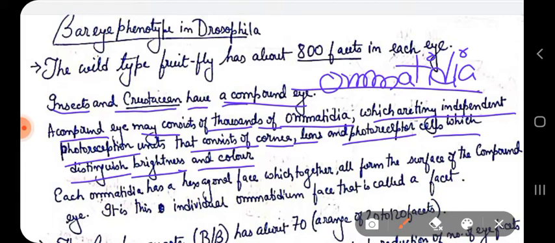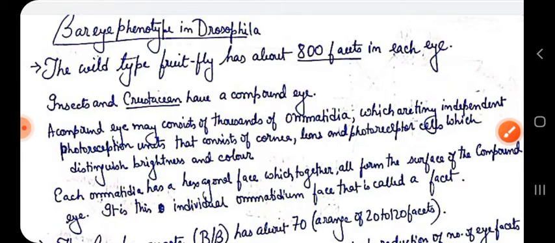So all insects and crustaceans have a compound eye, and the compound eye is made up of thousands of ommatidia. These tiny independent photoreception units consist of a cornea, a lens, and photoreceptor cells, which distinguish the brightness and color of the eye.